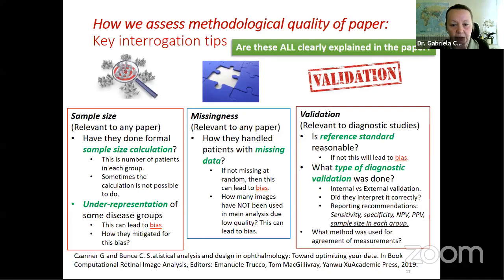Also important is, if in the study they are doing measurements in several ways and want to see whether there is agreement between them, what method was used to establish agreement between measurements? That should typically be Bland-Altman measures of agreement.